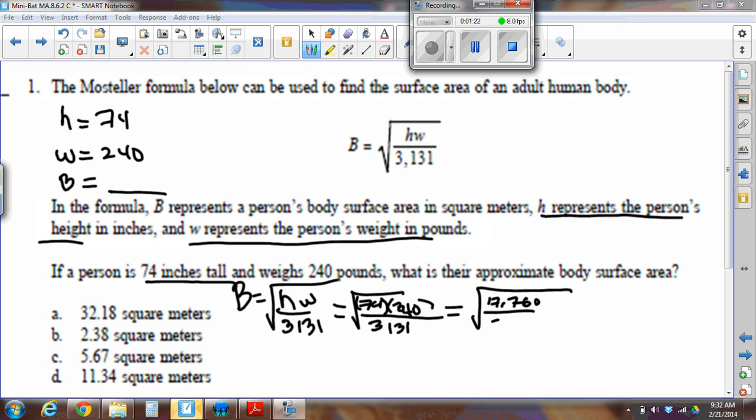Divide that by 3131, which is going to result in the square root of 5.67. When you take the square root by hitting the square root button, you get 2.38. So your answer would then be B.